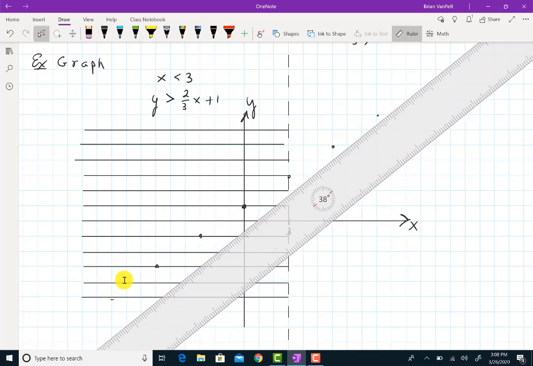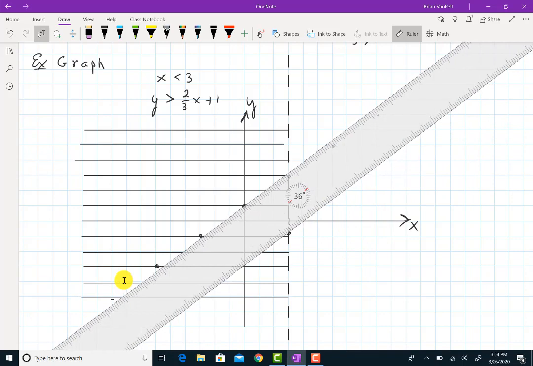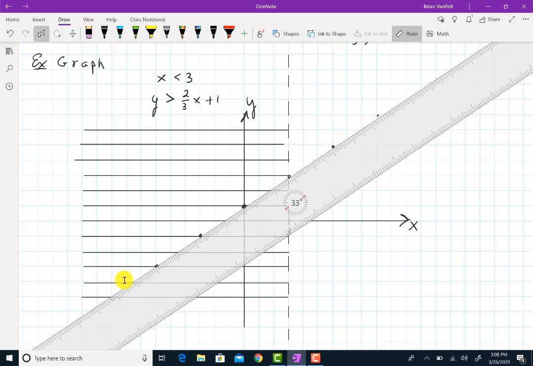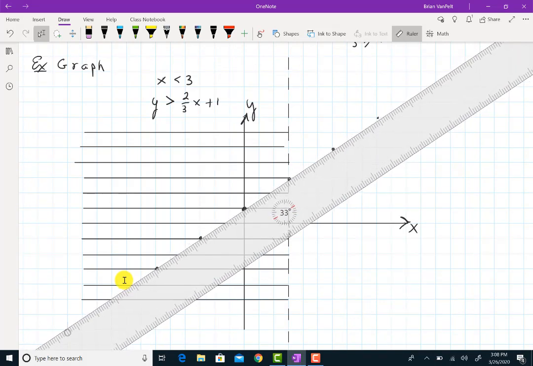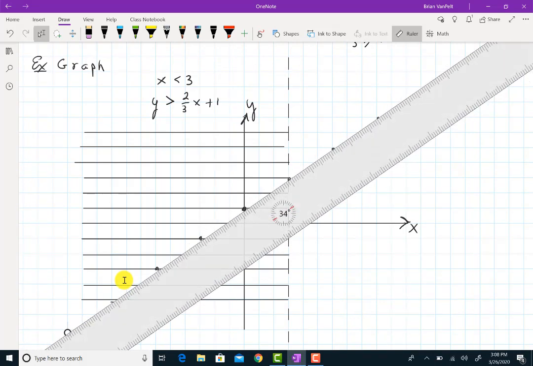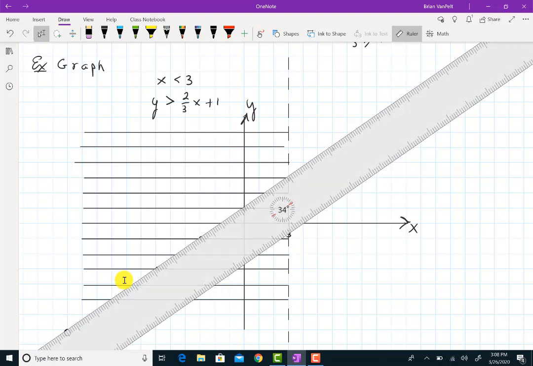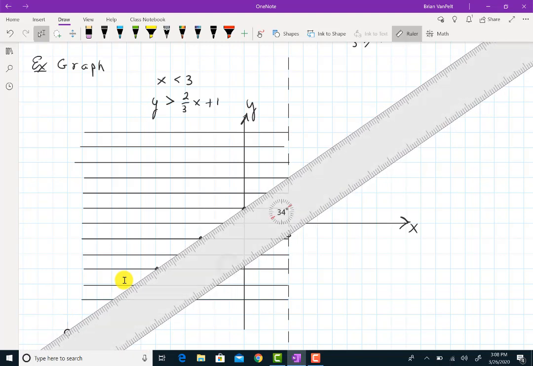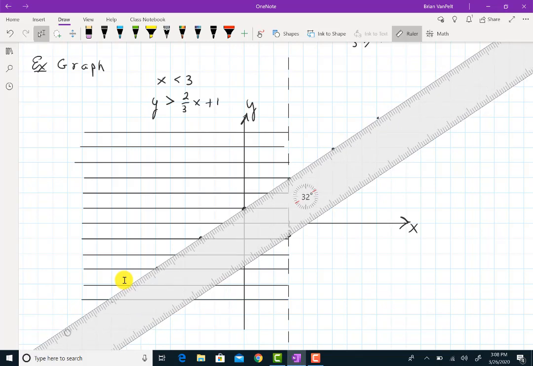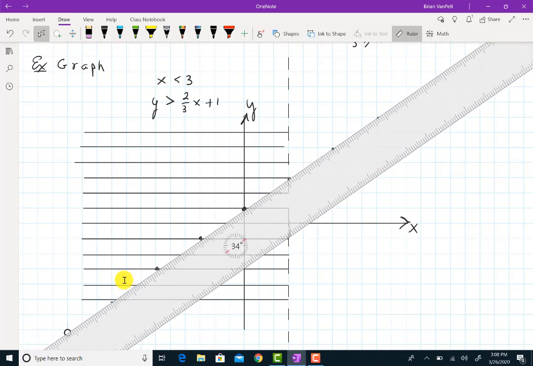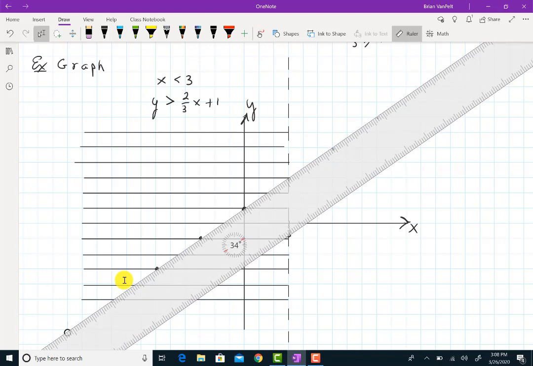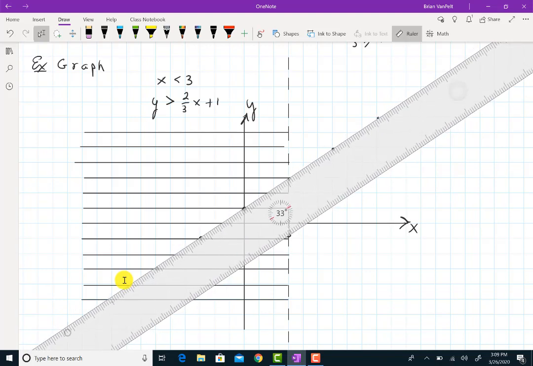All right, so let's get this ruler in place. Now what I want to do here, since it's greater than and not greater than or equal, I hope that's good enough.